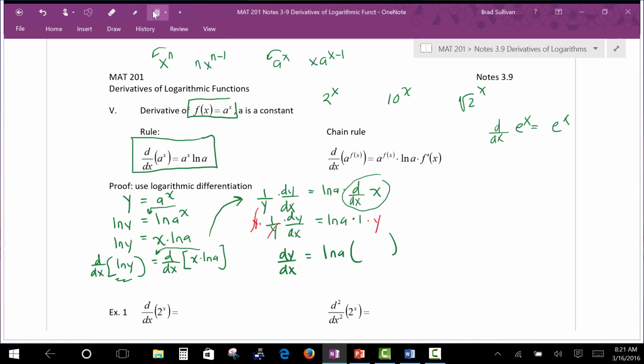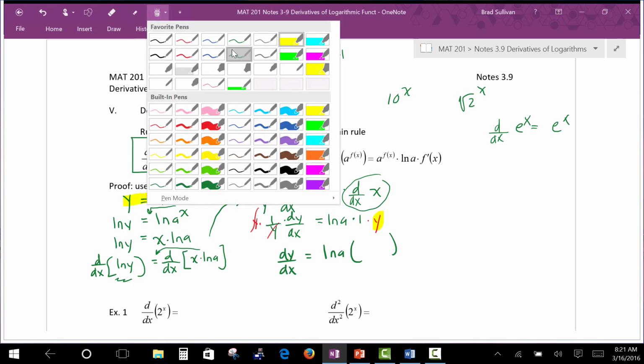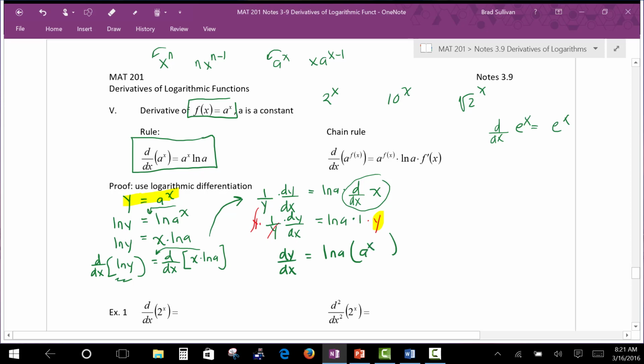You got to substitute in what y is. So y is really a to the x. Okay, then you proved the formula. Okay, so that's what we just did. It's a to the x times ln of a.